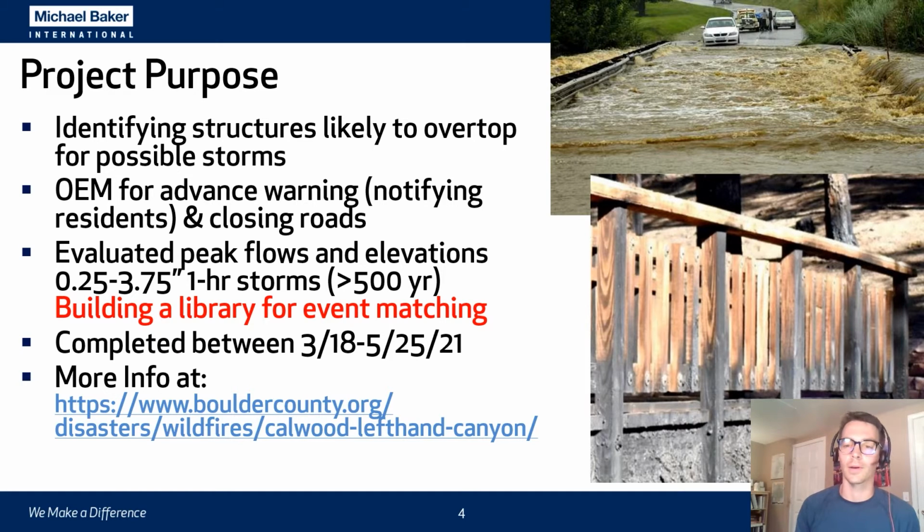You can see a picture there showing that bridge with some of that ash and debris put up against it. So the project in essence was building a library that could be used for event matching. When they look at a forecast, understanding what to expect, they could go ahead and preemptively close these structures to keep people safe.